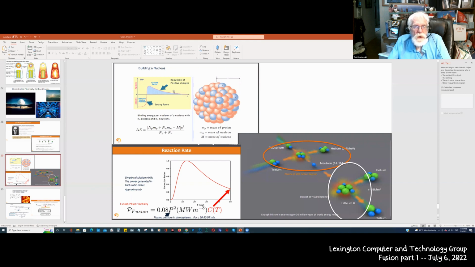You can do it by banging things together hard, or potentially you could have other forces acting, like in a solid lattice of something or other. So cold fusion happens. It's some sort of a process. I think it's real. There's no question about it.